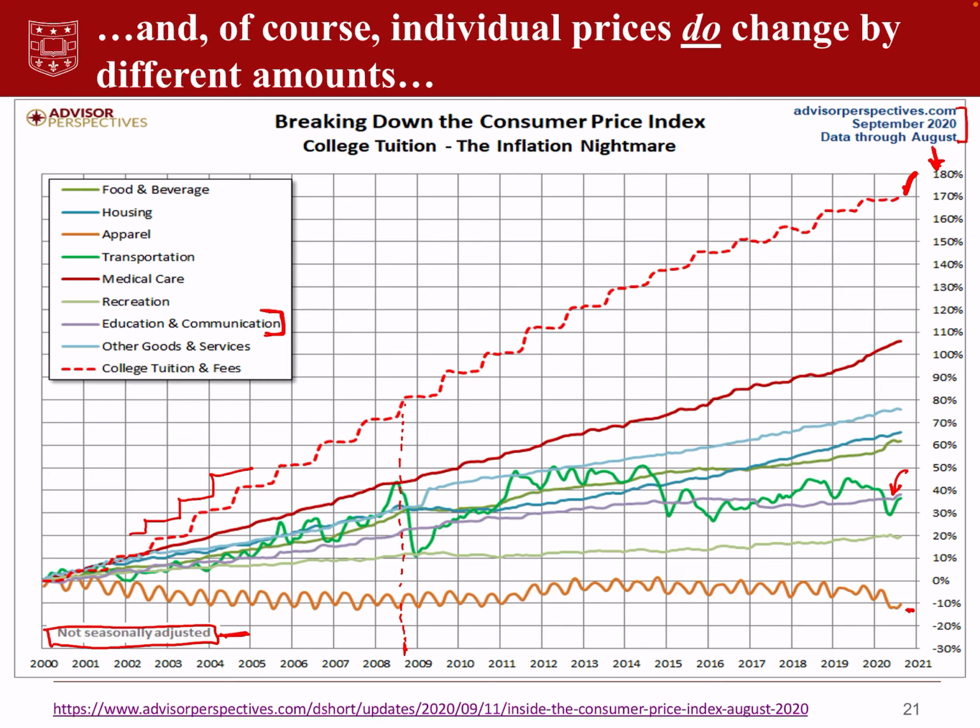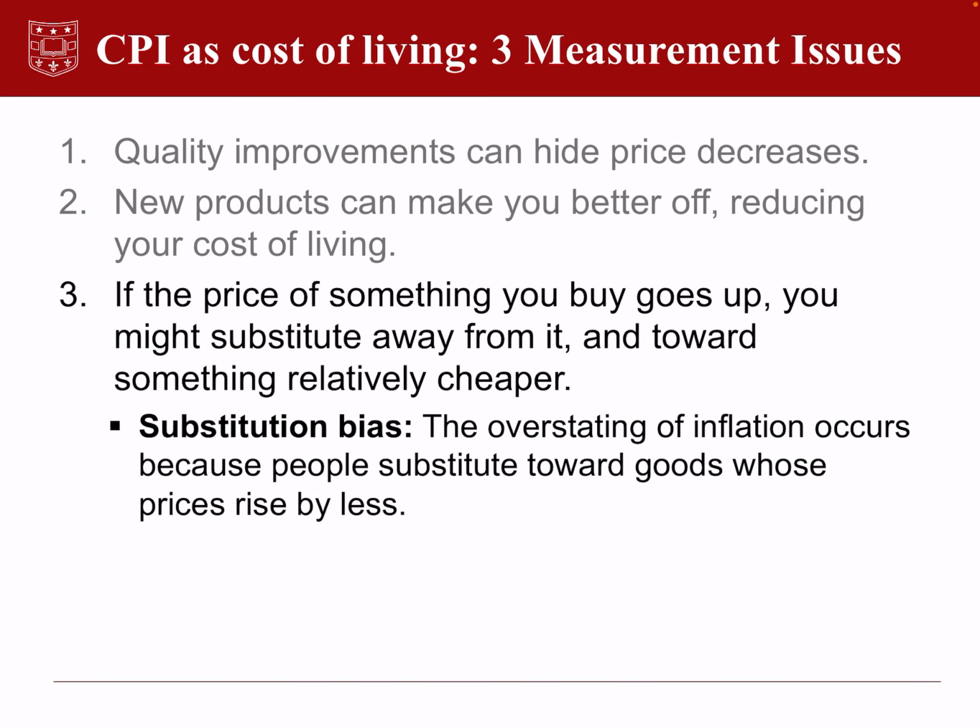So the reason that I wanted to introduce this is to bring us to the third measurement issue surrounding using the consumer price index as a cost of living. And this has a fancy name that's known as substitution bias.